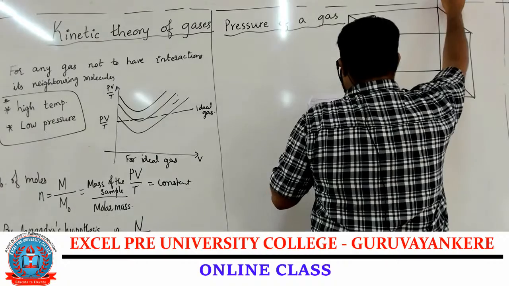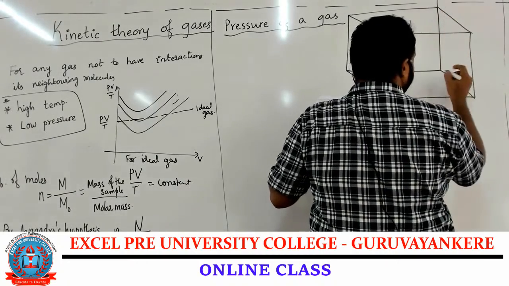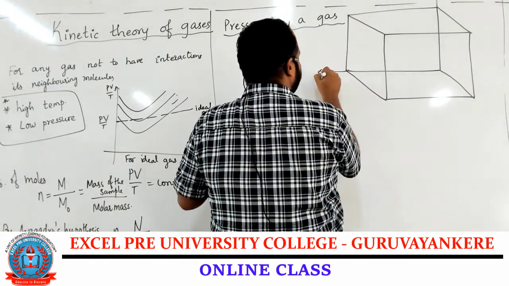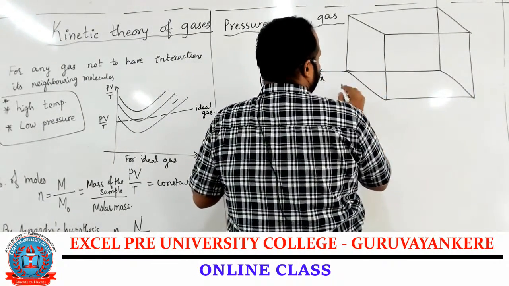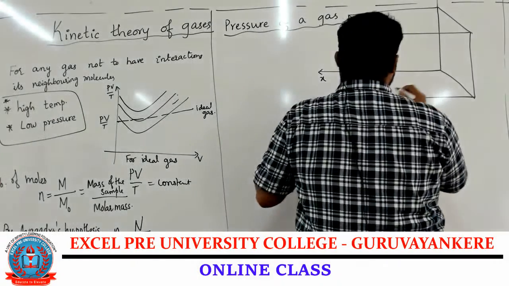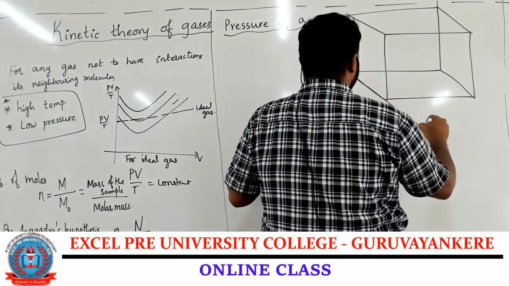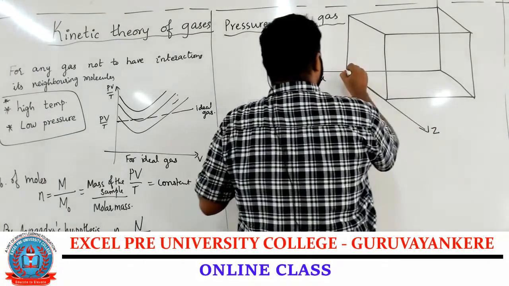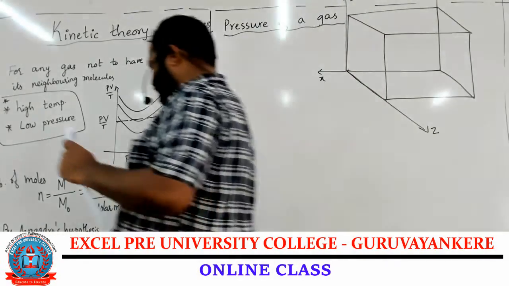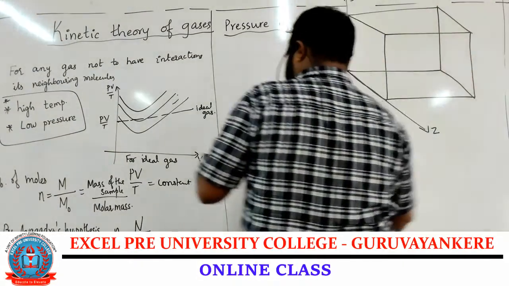If I take the y axis and the x, y plane, then obviously this one will become the x axis. Then what about the z axis here? This one obviously will become the z axis, and this one will become the y axis.